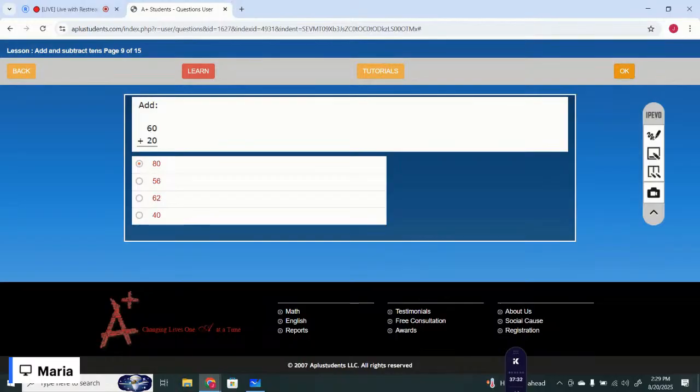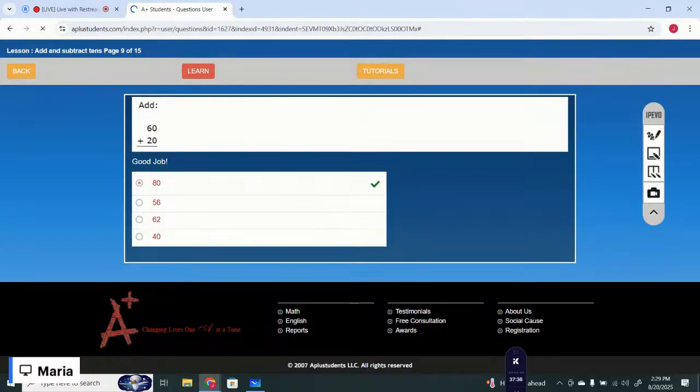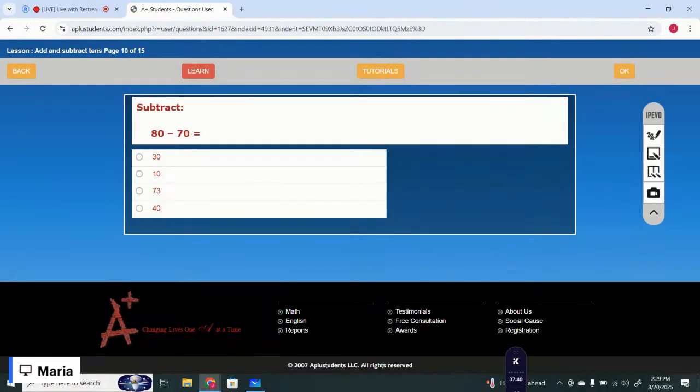Option number 1 is the correct option. Eighty minus 70 is that is 10. Option number 2 is the correct option.